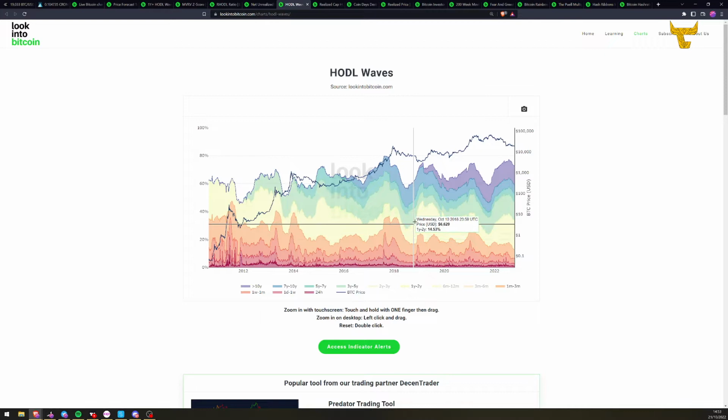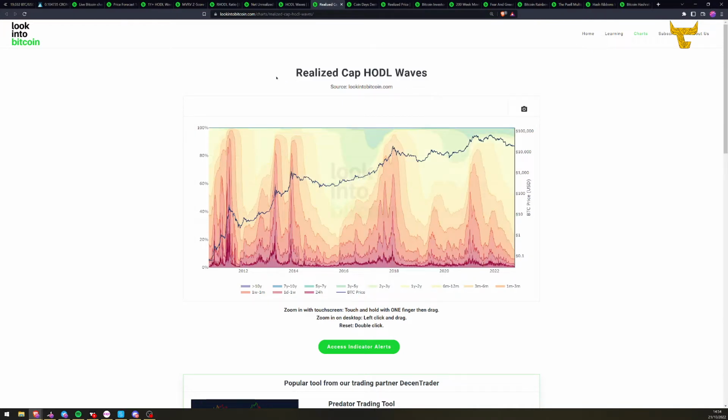It just shows that Bitcoins are being accumulated in some wallets and not being moved, so they age and go into the 1 to 2 years HODL wave, because a bear market usually lasts a year or two. That means they are being accumulated simply.